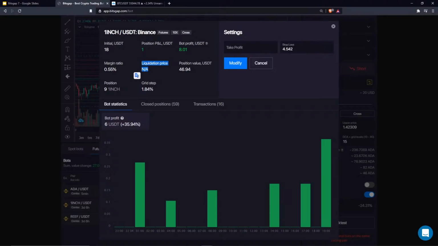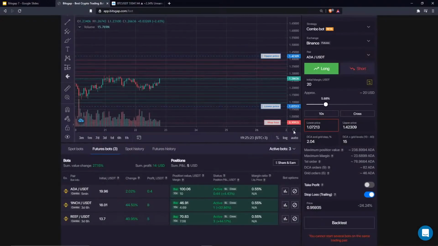If you see NA in your liquidation price, it means the liquidation price is so far from the current market price that it is not reflected here. That means you don't have to worry right now.